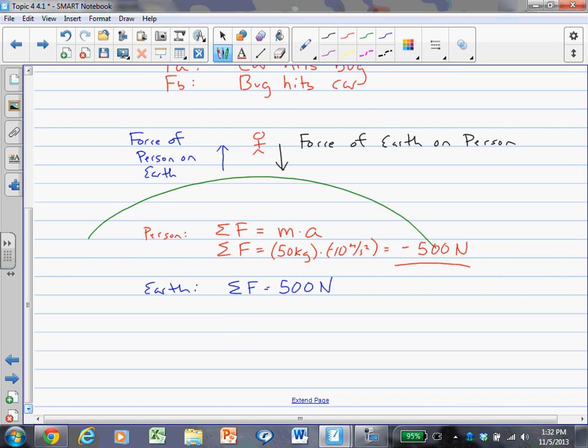And we could have the same equation: mass times acceleration. The mass of the Earth is 6 times 10 to the 24 kilograms.